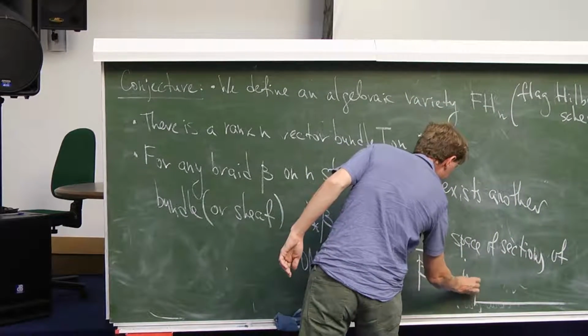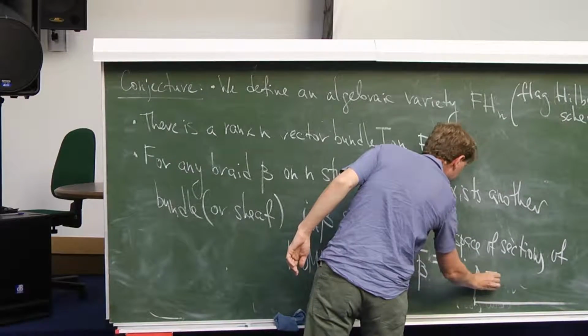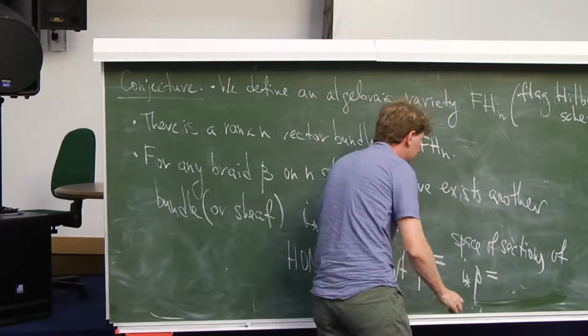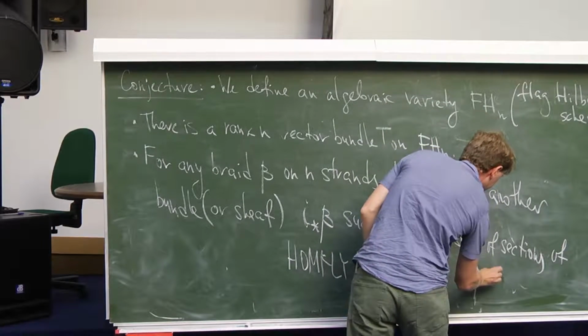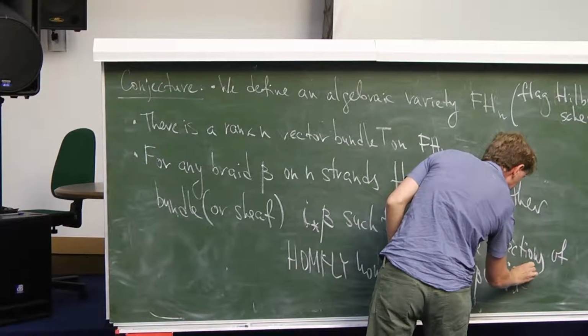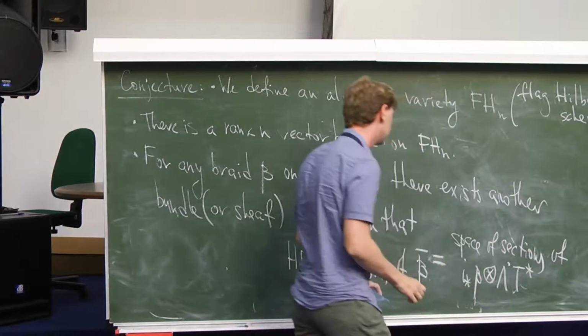You take this I lower star of beta, whatever it is, and tensor it with the exterior algebra of T dual.